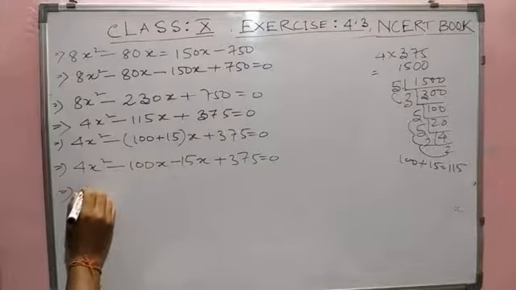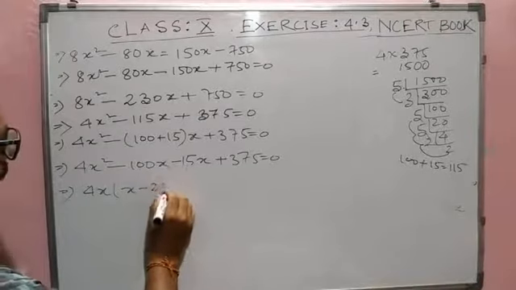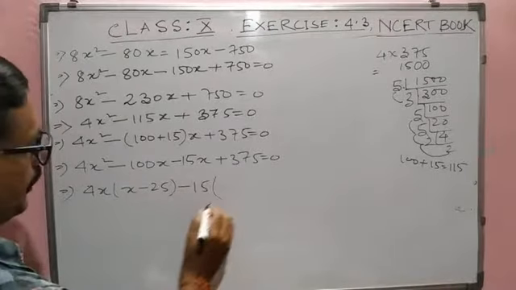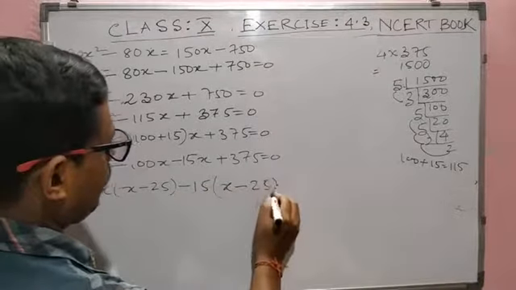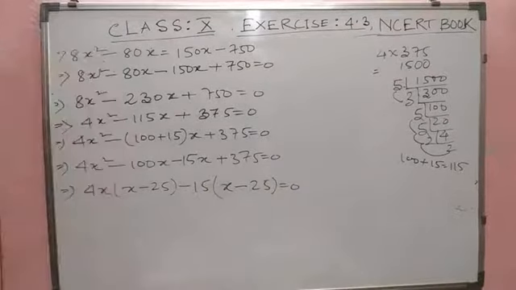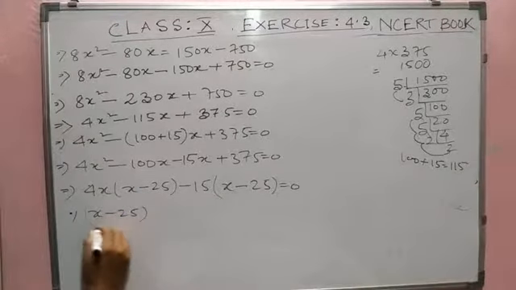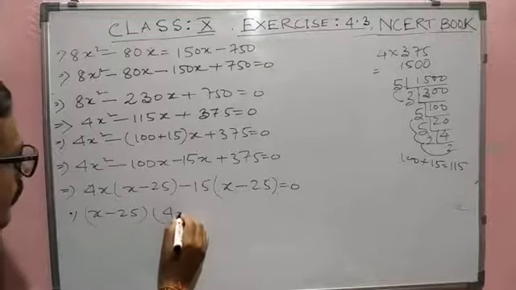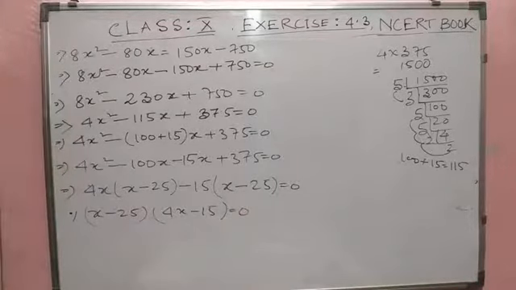This implies that 4x common, so it will be x minus 25. Here 15 common, minus minus plus, x minus 25. Definitely it will be 25. This implies that x minus 25 whole into 4x minus 15 equal to 0.